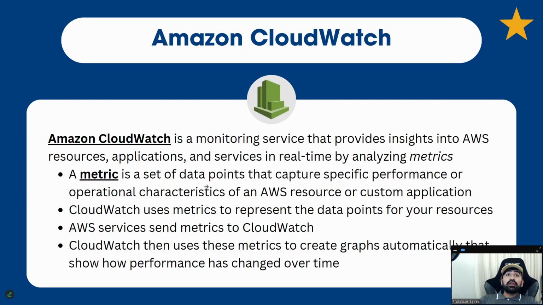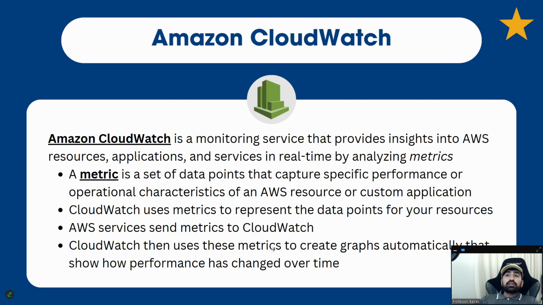For a network, right, it could be how many packets are coming into the network. It's all based on the specific service, and it's all based on things that you want to watch out for. So CloudWatch uses metrics to represent the data points for your resources. And then AWS services send metrics to CloudWatch, so that it'll collect it directly from your services.